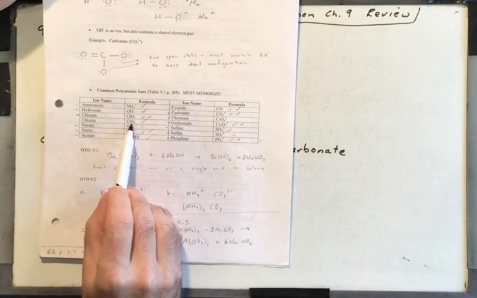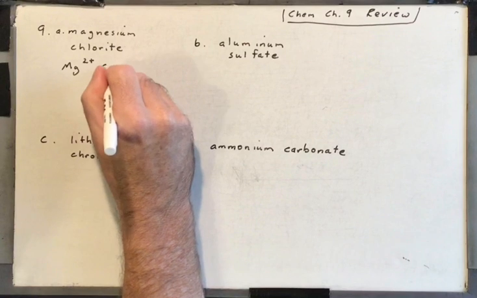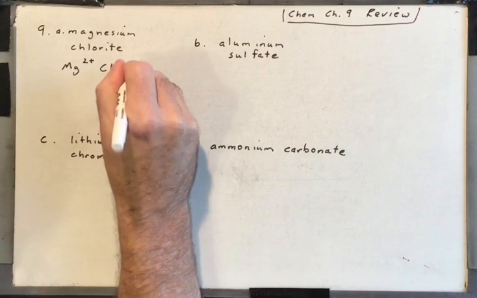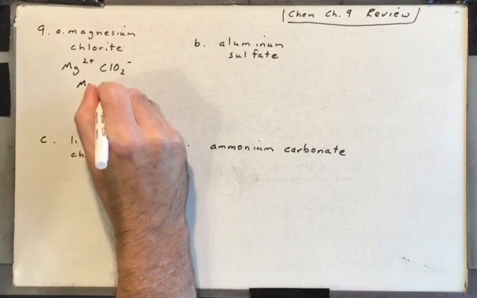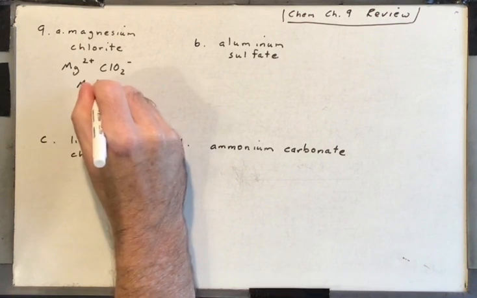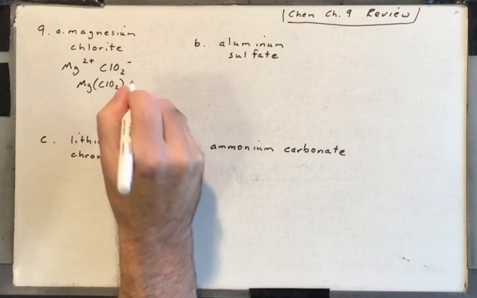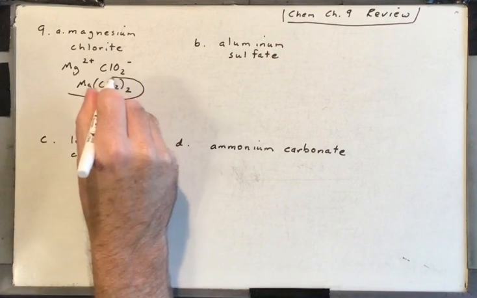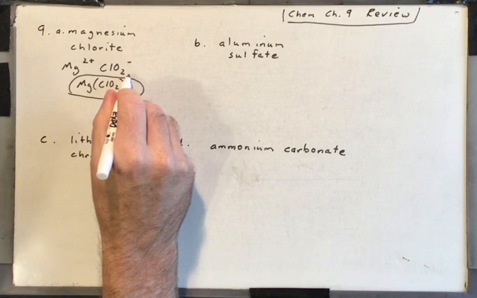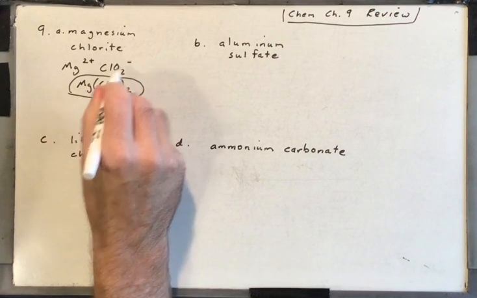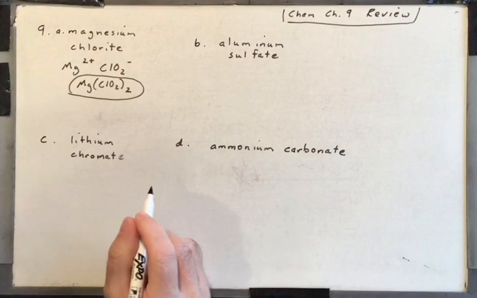It is ClO2 minus. So after the big switch, you would have Mg ClO2 2. We're going to take that 2 and put it down here on chlorite, and then the 1 goes with magnesium.